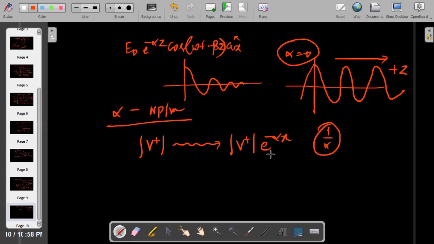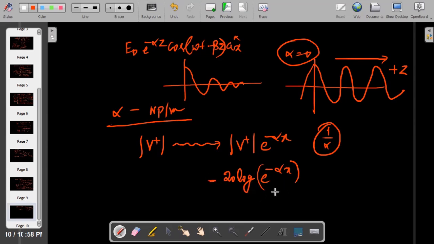Now, if I want to write the attenuation in dB, decibels, what to do? 20 log e to the power minus alpha x. And for attenuation, you have to write some minus term will be there.